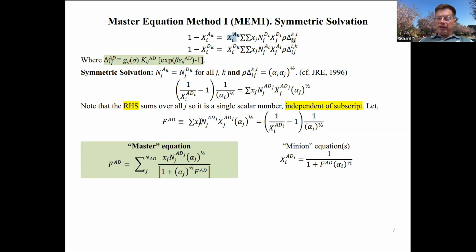And the funny thing that happens is this FAD has no subscript, but the quantity on the right-hand side does have a subscript, which means that all of these x's can be solved as soon as I have this one quantity FAD, and that can be solved from this one nonlinear equation. We can use that for Newton's method, and then we get 1,000 different values of this XAD quantity that characterizes the extent of bonding. And it's all because of this kind of subtle, sneaky alpha quantity in the way that we've defined it here.